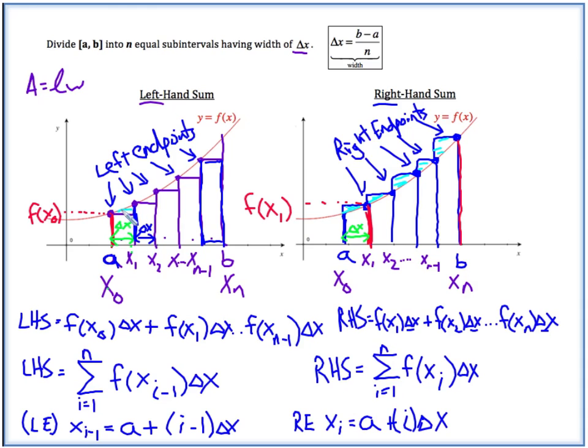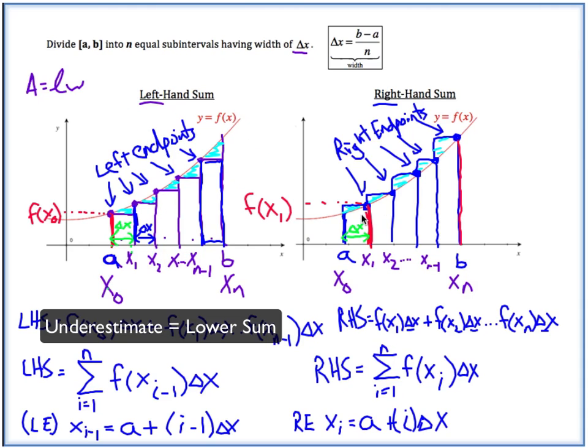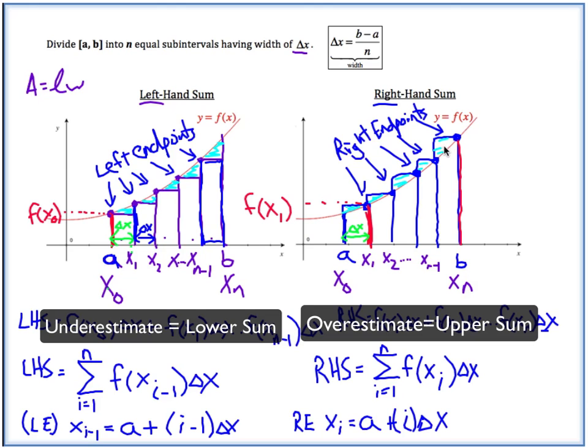So if we look at the left endpoints in this case, this one's going to be an underestimate. And if it's an underestimate, we call it a lower sum. And if it's going to be an overestimate, as in this case, then we call it an upper sum. Now it turns out left-hand sums are not always lower sums, and right-hand sums are not always upper sums.